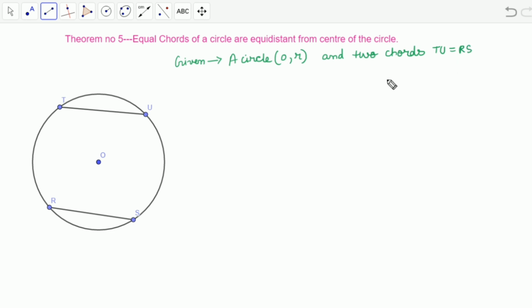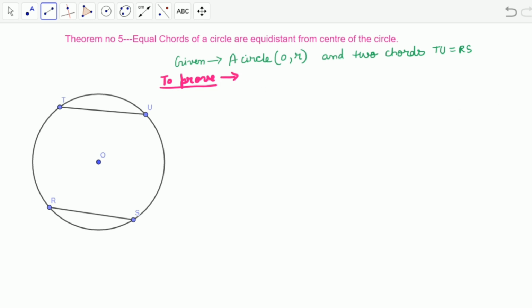These are the two chords that we are given, in which TU is equal to RS, right? What you have to prove is that the distances of the chords from the center are equal, right?